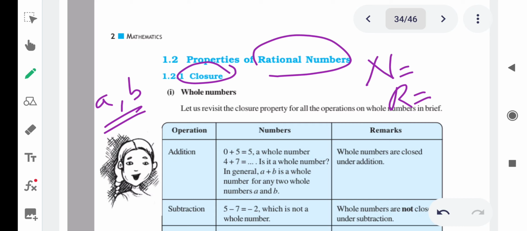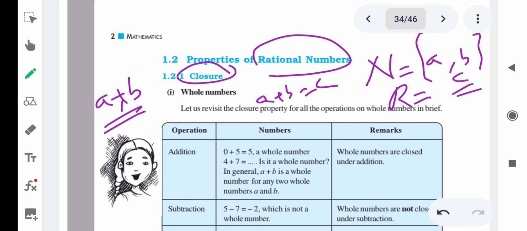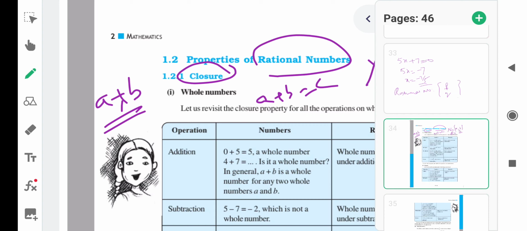That number must belong to the same set. That means if I take any two numbers a, b and add them, a plus b equals c, c also must be in this set. Okay, you understood?